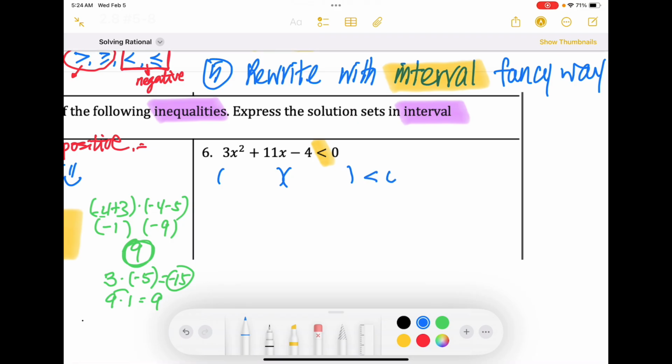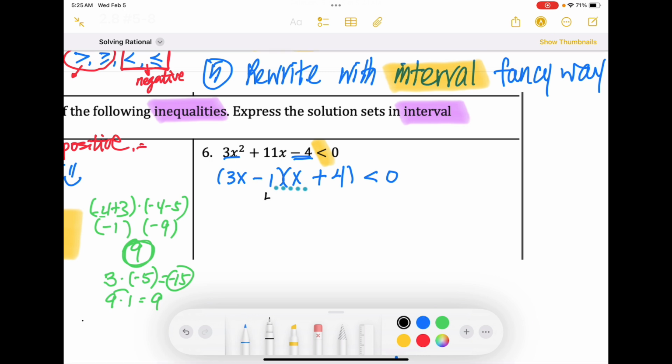Step 1, we got to go through the factoring to get the critical x value. So first and last, 3x squared has to be 3x times x, right? All right, what two numbers multiplied together give me -4? So I'm saying 4 times 1. And how do I guarantee the middle term will be positive 11? So I know that one of the 1 and 4 has to be positive.